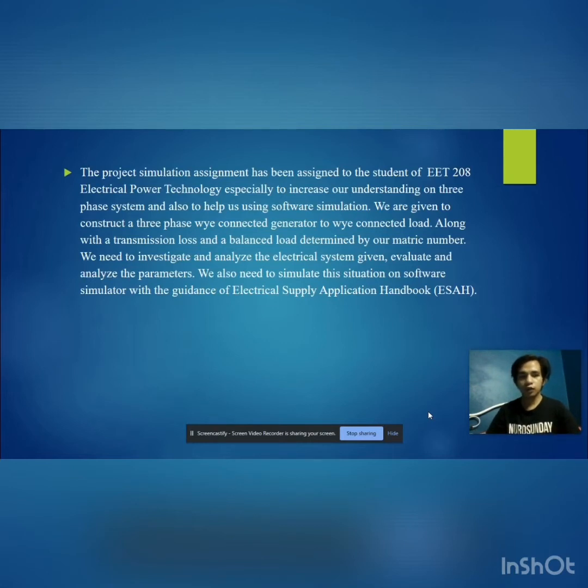We need to investigate and analyze the electrical system given, and evaluate and analyze the parameters. We also need to simulate this situation on a software simulator with guidance of the Electrical Supply Application Handbook (ESAH).